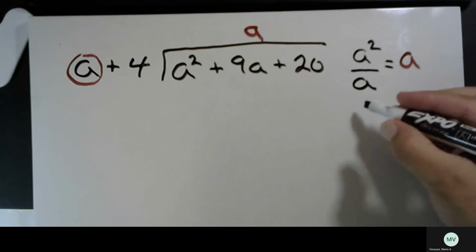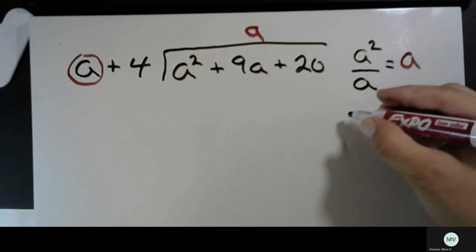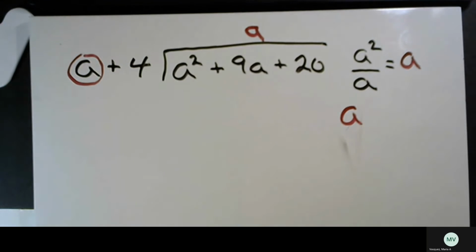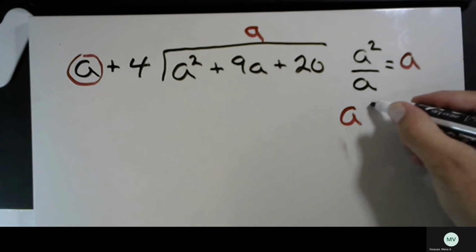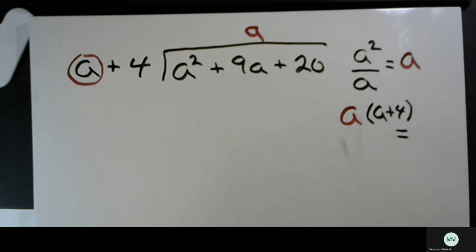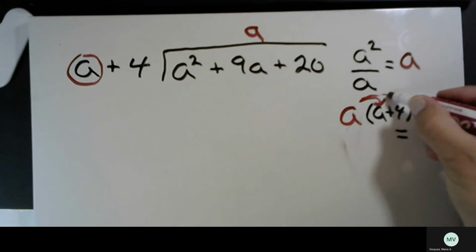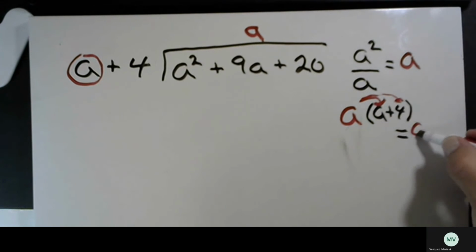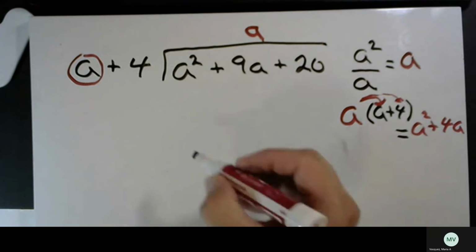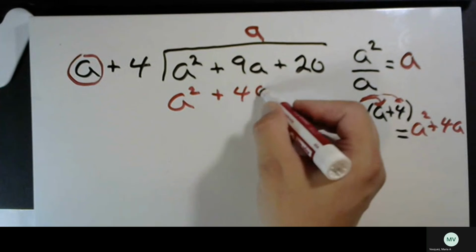Then we take the same a and multiply it to this entire thing. We're going to distribute. We'll get a squared plus 4a, and we put that back into our division.